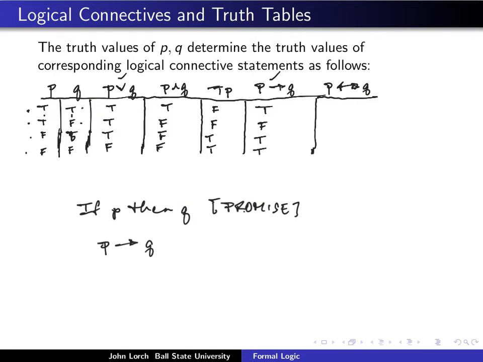So in the top case, P and Q are both true. They have the same truth values. In the next two cases, P and Q have opposite truth values. And then in the bottom, P and Q are both false. They have the same truth values, so the if and only if statement is true.